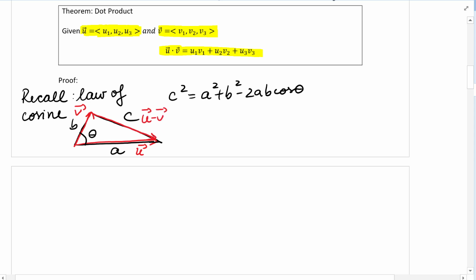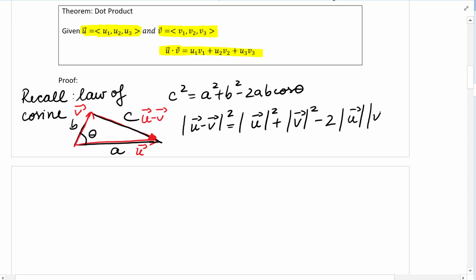because this is the endpoint. Then we can say the magnitude of u minus v, squared, is the magnitude of u squared plus the magnitude of v squared minus 2 times the magnitude of u times the magnitude of v times cosine theta.